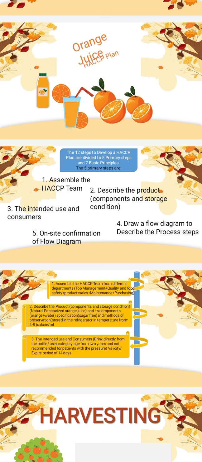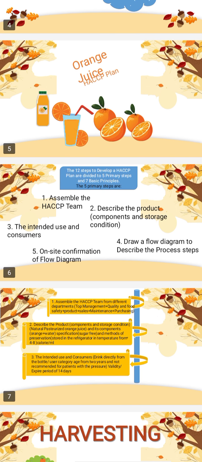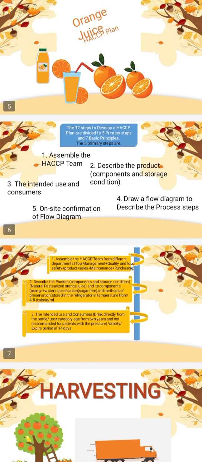Our example was the orange juice. So the HACCP team for this orange juice in this company will be from different departments: top management, quality and food safety, production, sales, maintenance, and purchasing, and we'll understand later the benefits and importance of each department.